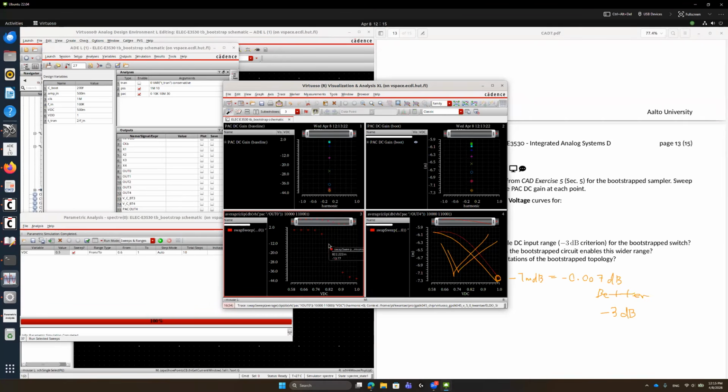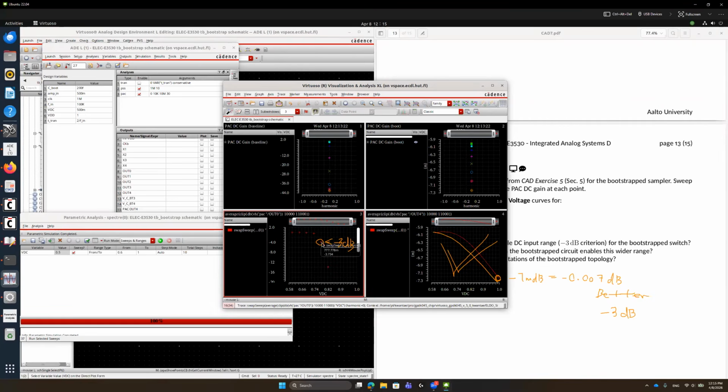Okay, it goes to minus 13 dB suddenly at 0.8 volt. So if I zoom in, then, oh no, sorry, this is already touching minus 3 dB here. So here we are already touching less than minus 3 dB.